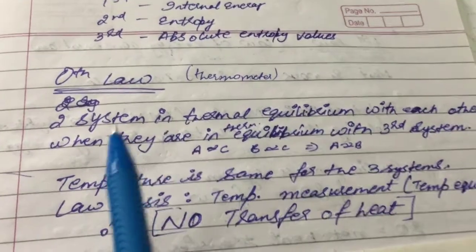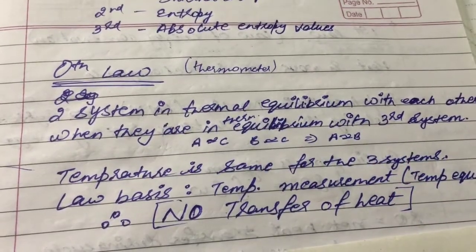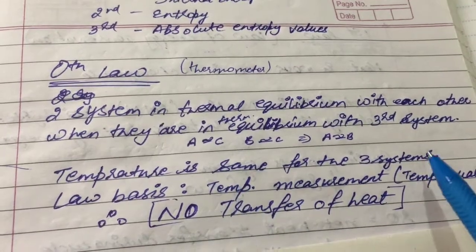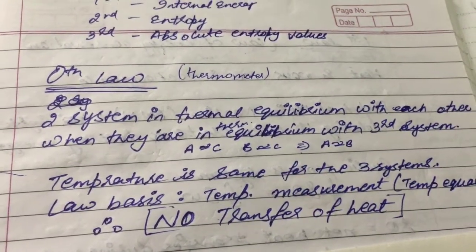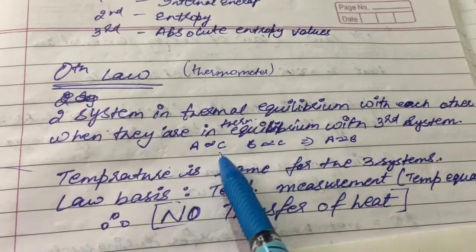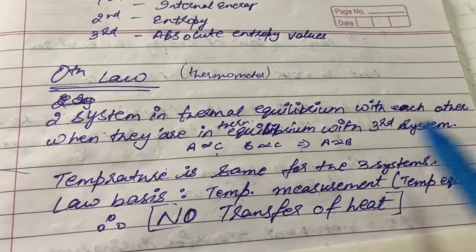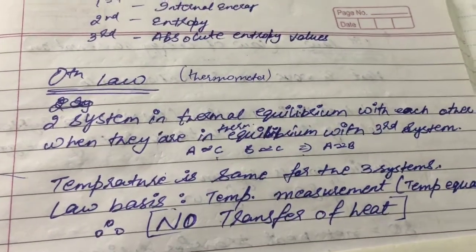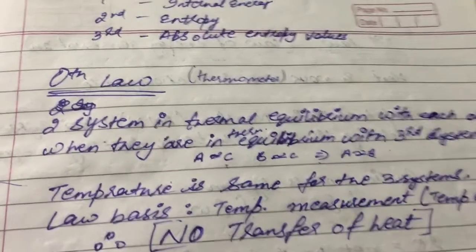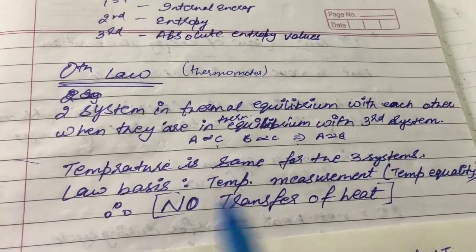According to the zeroth law, two systems are in thermal equilibrium with each other when they are in thermal equilibrium with a third system. What it basically means is that if system A is in equilibrium with system C, and system B is in equilibrium with system C, then system A would be in equilibrium with system B. Temperature is the same for the three systems.